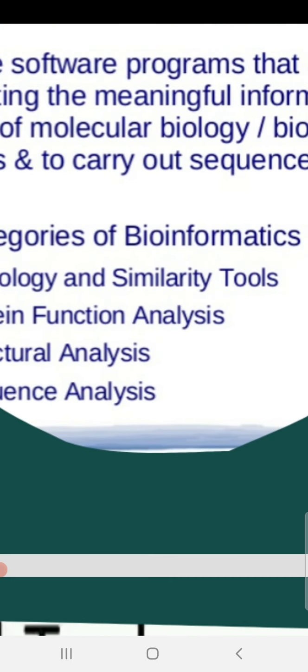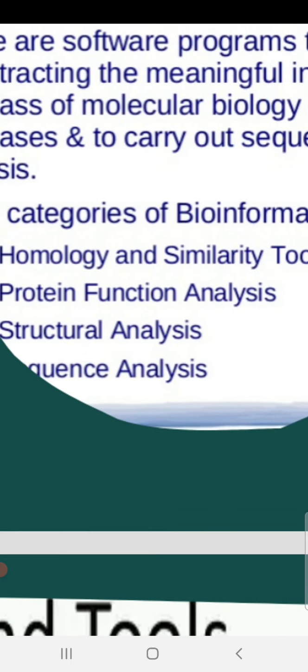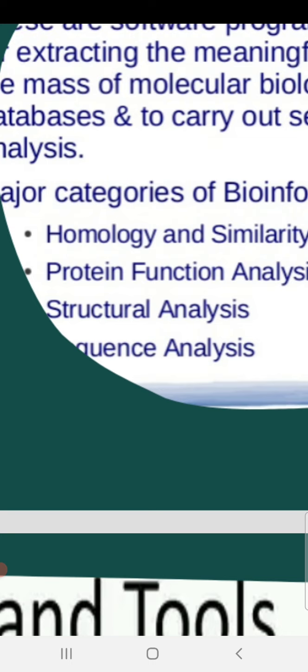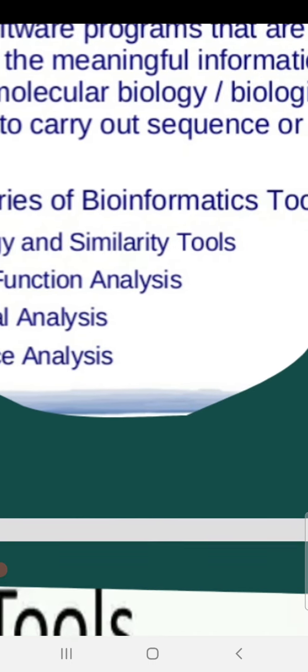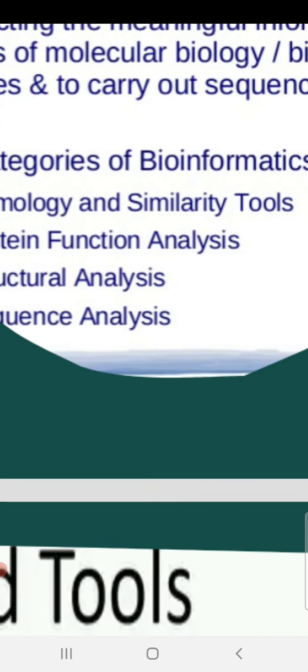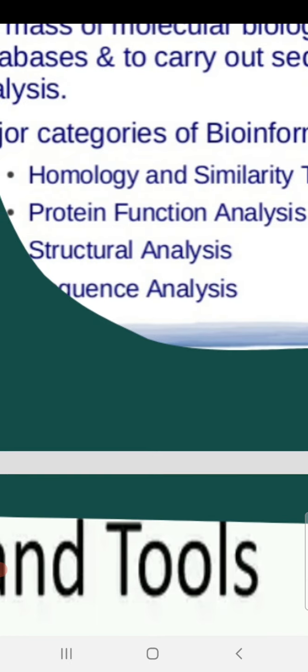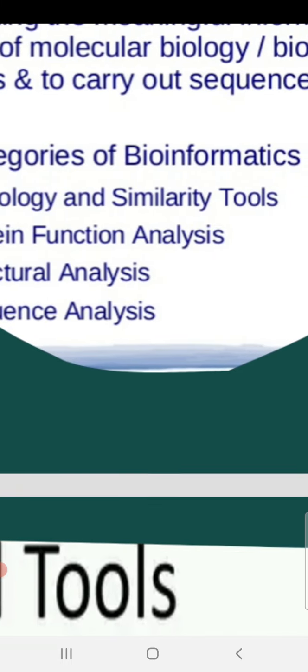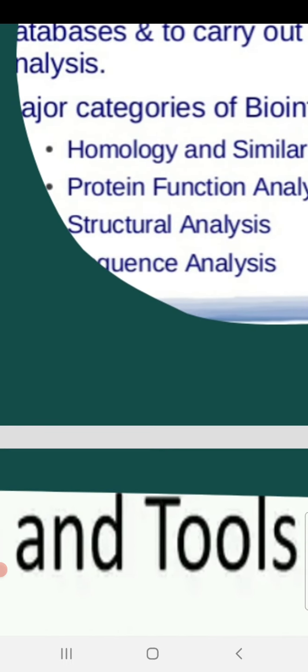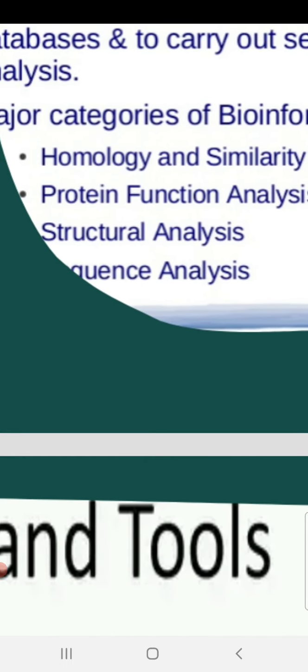The major categories of bioinformatic tools are based on homology and similarity tools, protein function analysis, structural analysis, and sequence analysis. Homology or similarity tools help in storage, and if sequences are homologous to each other, they can be sorted out.